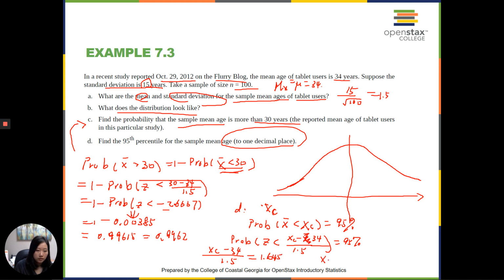So XC should be equal to 34 plus 1.5 multiplied by 1.645, which is equal to 36.46, or 36.5. Okay. Have you got it?